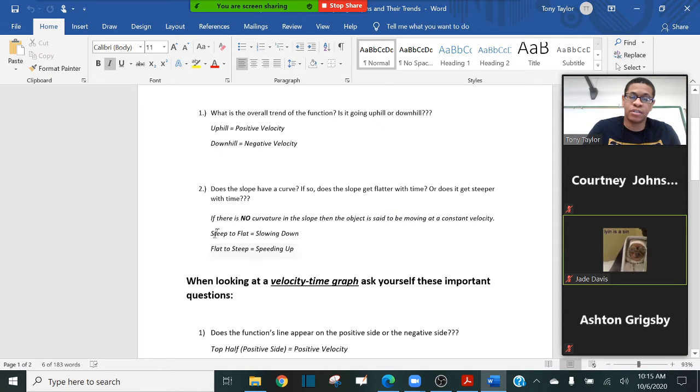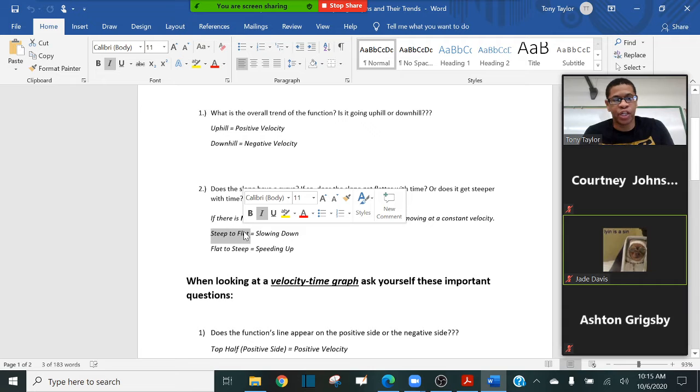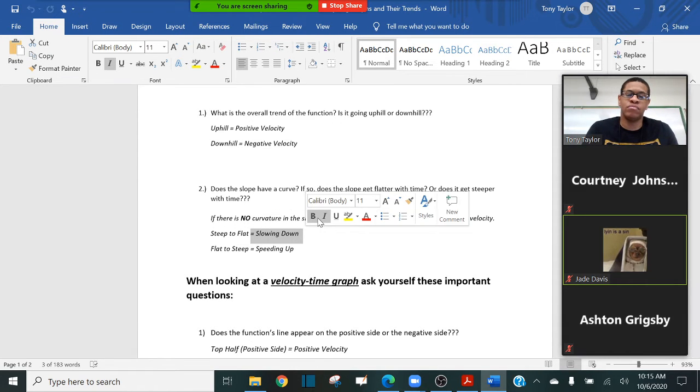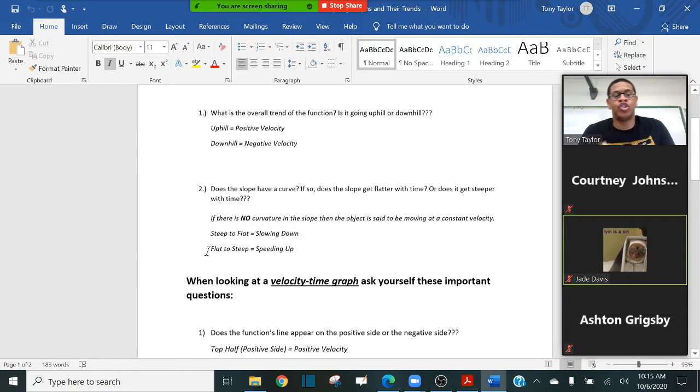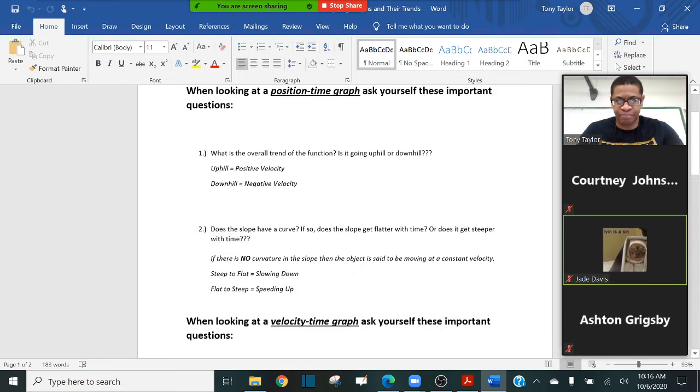In other words, the basic trend goes from steep to flat, which means slowing down. And if we're going from flat to steep, then that must mean speeding up. So these are the important things you need to remember whenever you're looking at a position versus time graph. And in just a moment, let's look at some examples of everything that I just said.